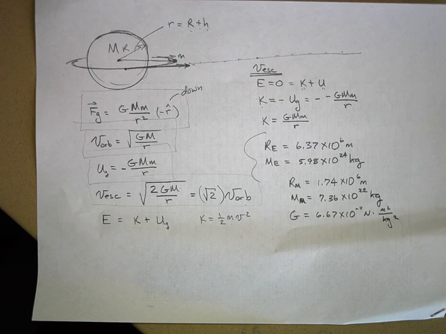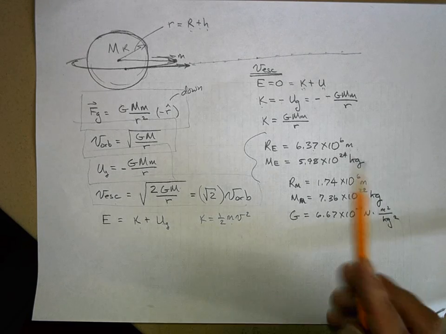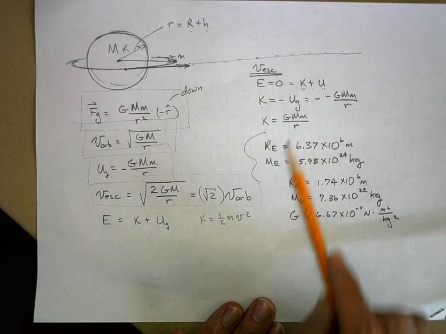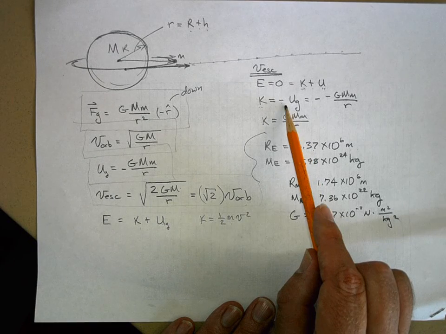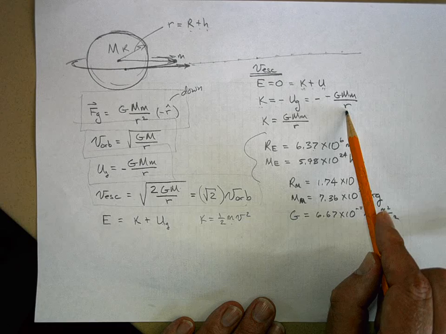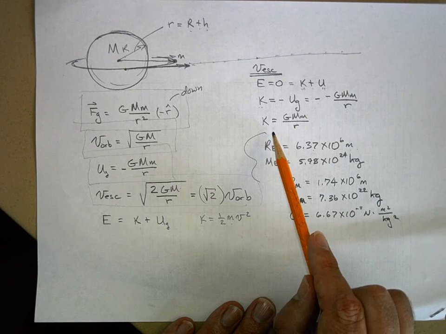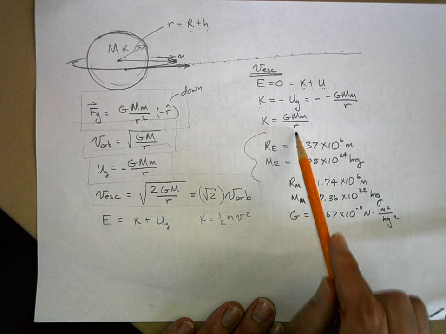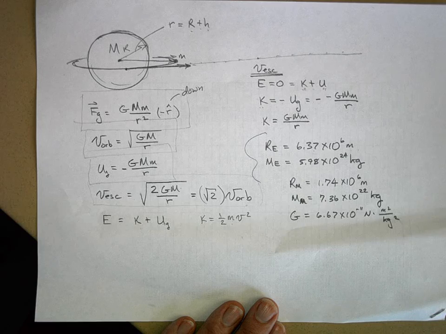Now you have positive kinetic energy, but you have negative gravitational potential energy, and they will add up to zero. So you can say, K plus U equals 0. That means K equals negative U. Well, negative GMm over r, that means my kinetic energy is actually equal to GMm over r. Kind of cool. More cool stuff.